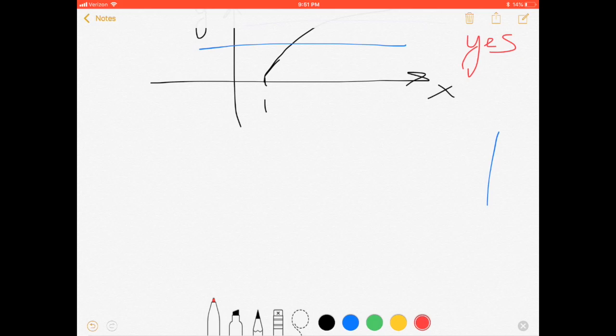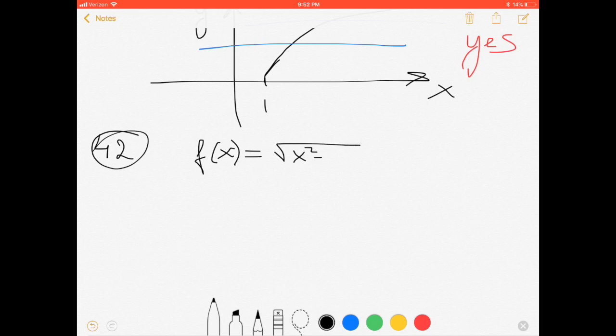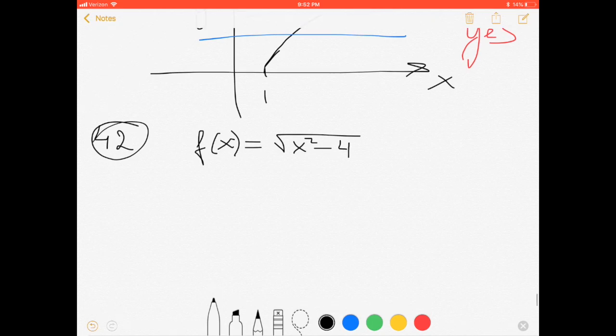Sometimes a function is not invertible on its whole domain, but we can build an inverse function for some part. For example, this is question number 42. Your function is f(x) equals square root of x squared minus 4.